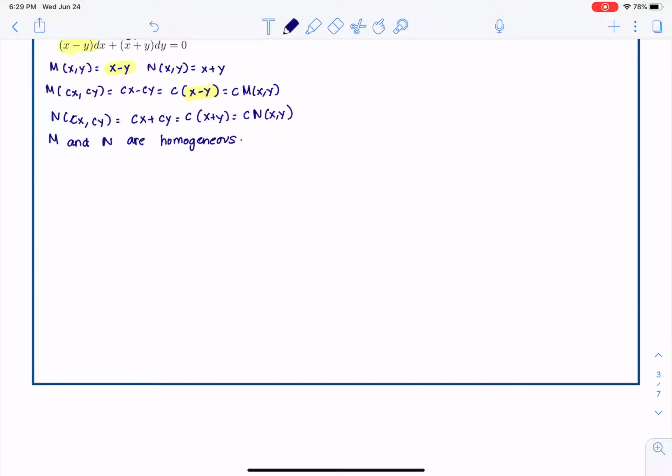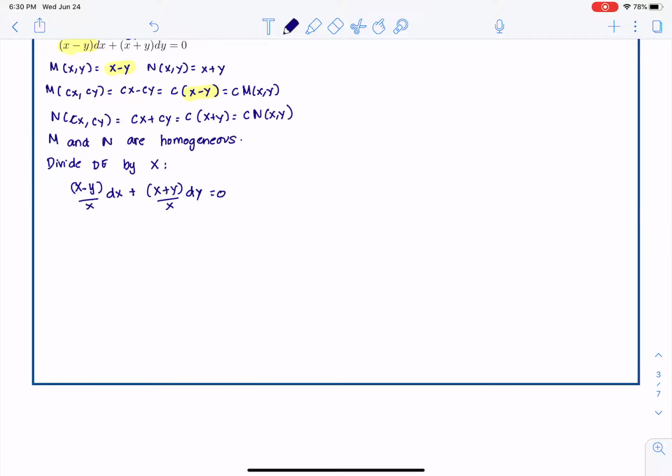You could either use y over x or you could use x over y. So I'm going to divide the entire equation by x. So I have (x minus y) over x dx plus (x plus y) over x dy equals 0.